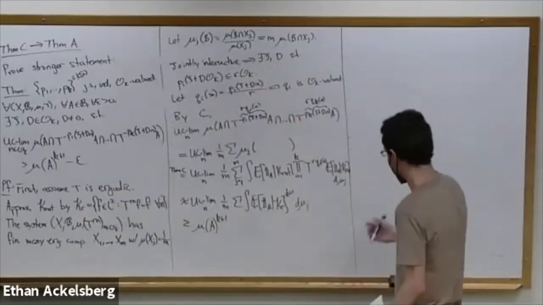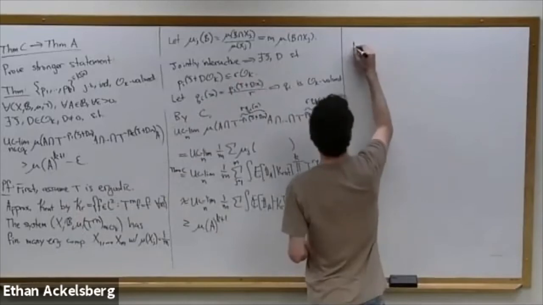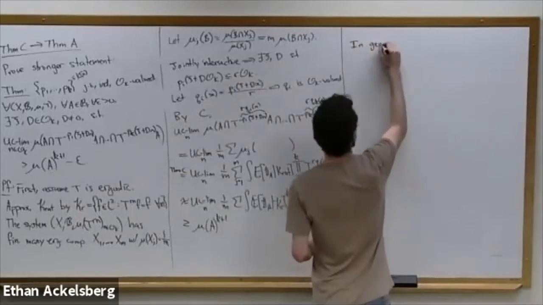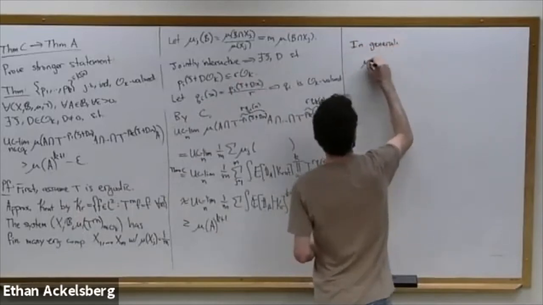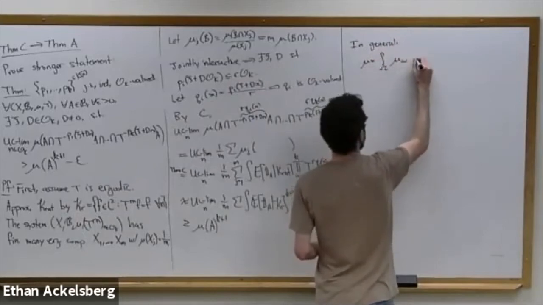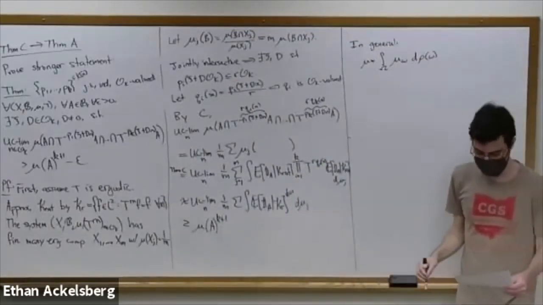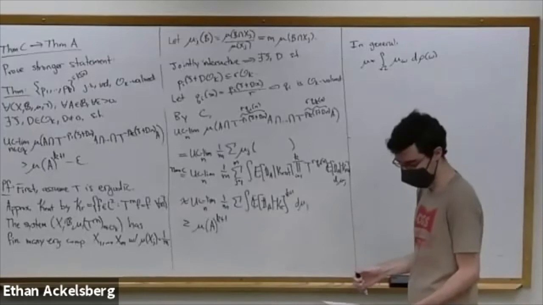And so what we're going to do now, in general, is write the measure as basically a convex combination of ergodic measures.